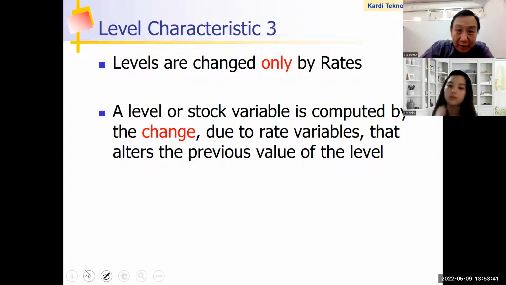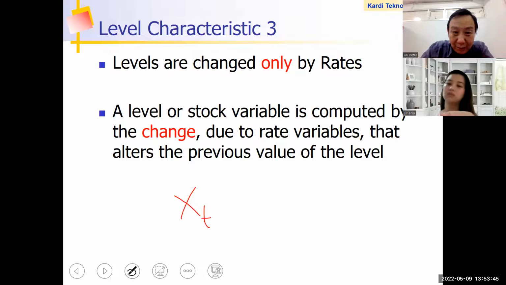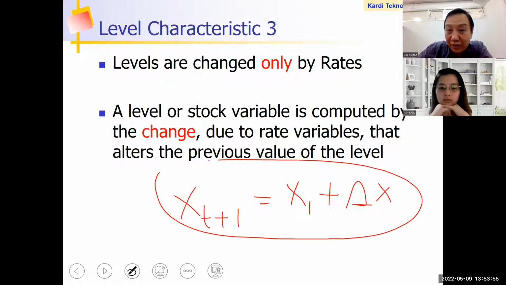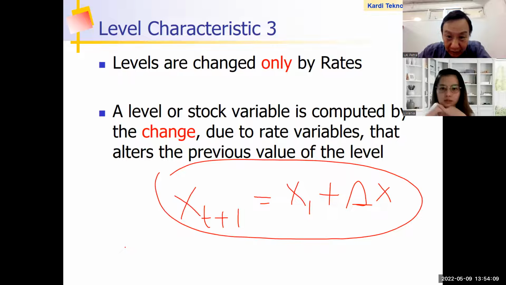So remember, what is the equation of level? x(t+1) equals x(t) plus delta x. It's accumulation, isn't it? It's actually a sum, or this is integration, so this is accumulation.